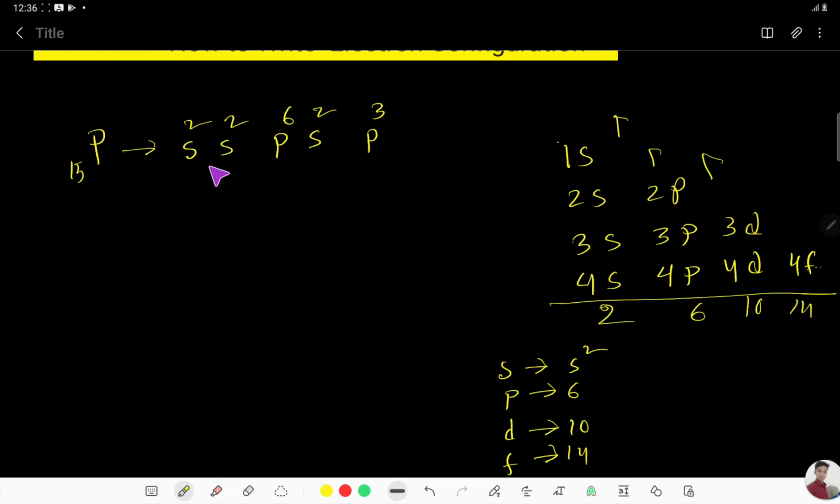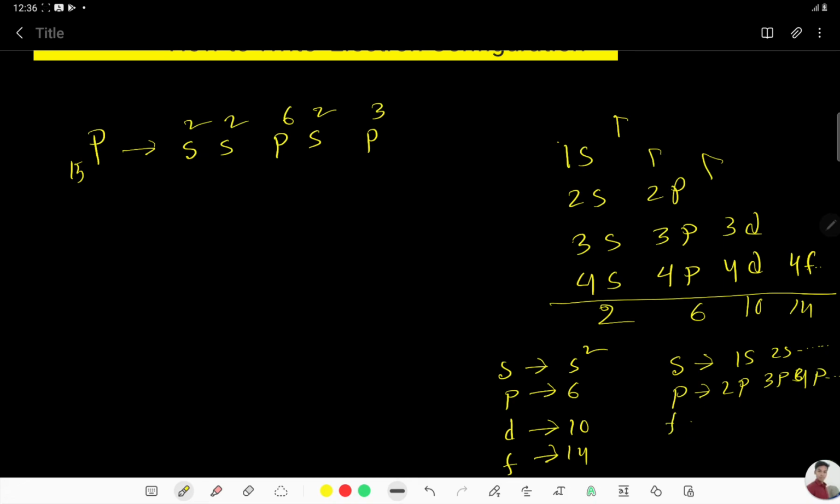Now we have to place the value of the principal quantum number. You know that the s subshell starts from 1s, 2s, then 3s, 4s, it will continue. The p subshell starts from 2p, then 3p, 3d, 4p, right?